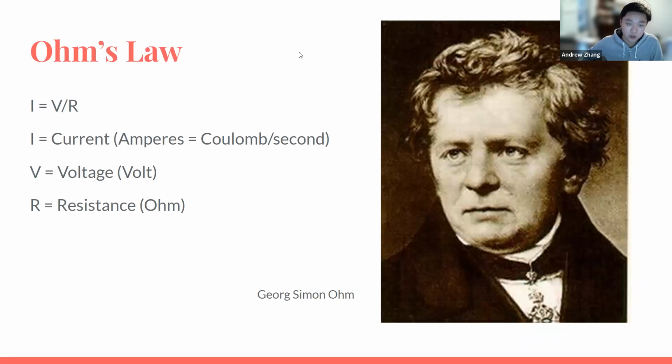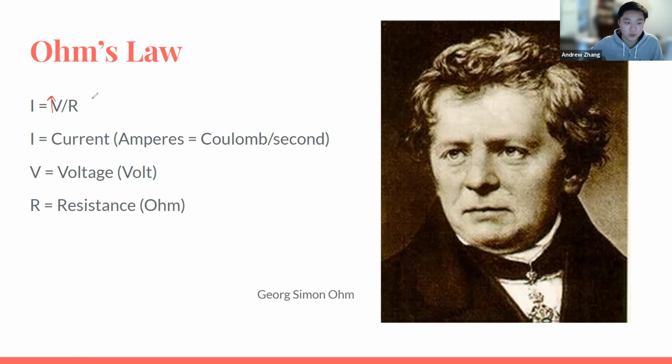And we can combine all three of these terms, all three of these variables, with Ohm's law. So this is Mr. Ohm, and I = V/R is his equation, where I stands for current, V stands for voltage, and R stands for resistance. So we can see here, for some kind of theoretical example, let's say I have some kind of circuit, and let's say I increase the voltage of it while keeping resistance the same.